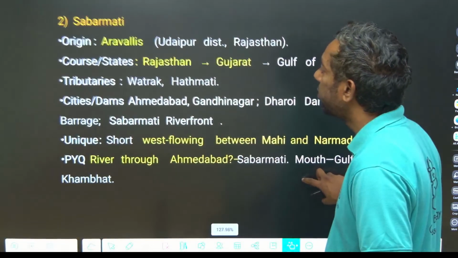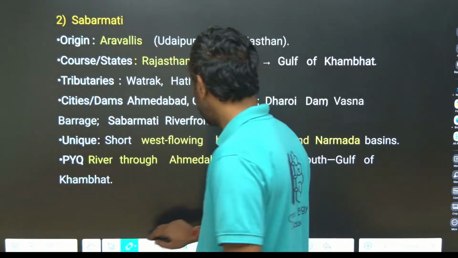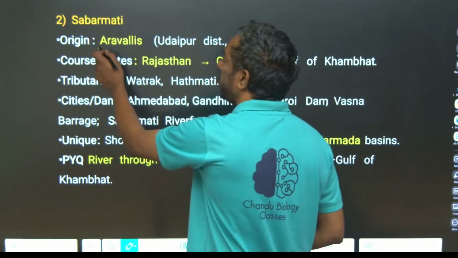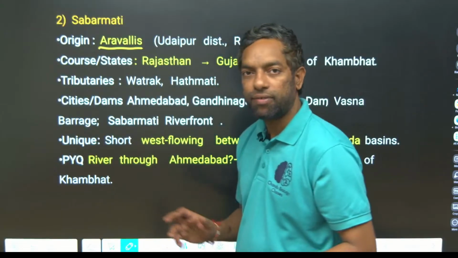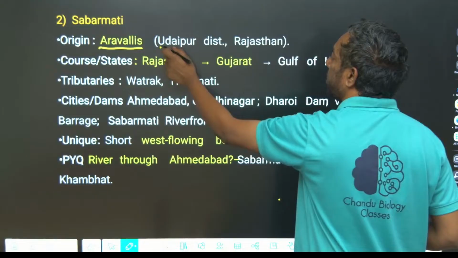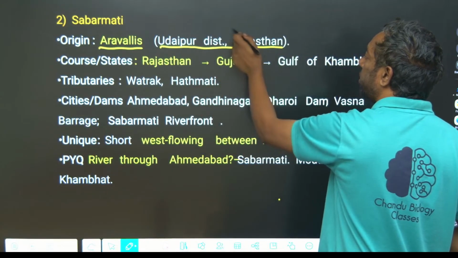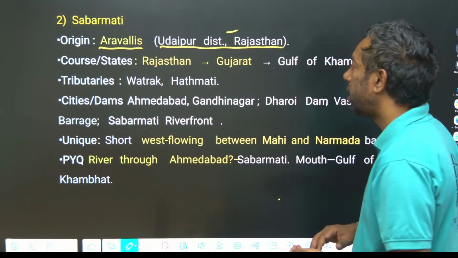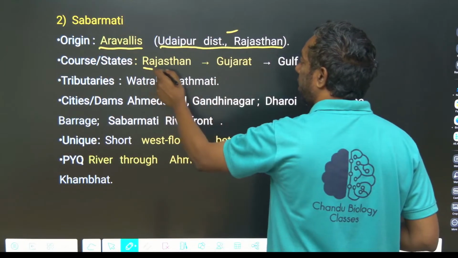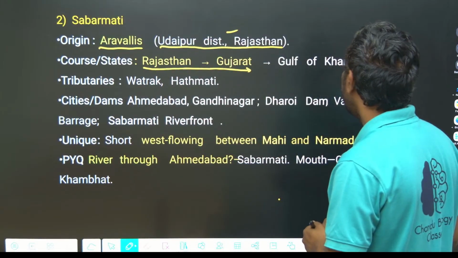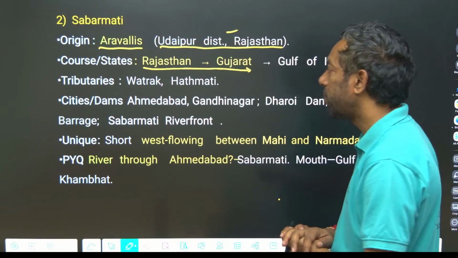It is also a west flowing river. It originates in the Aravali ranges, of course, the oldest mountain ranges, in Udaipur district, Rajasthan. It crosses the states of Rajasthan and Gujarat and finally enters the Gulf of Khambhat.